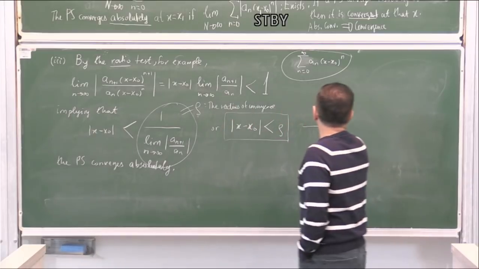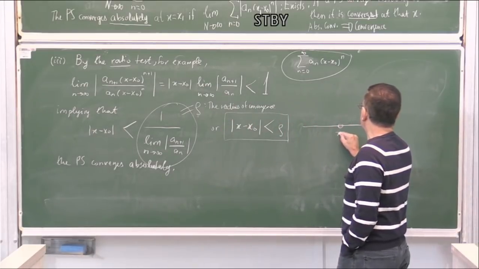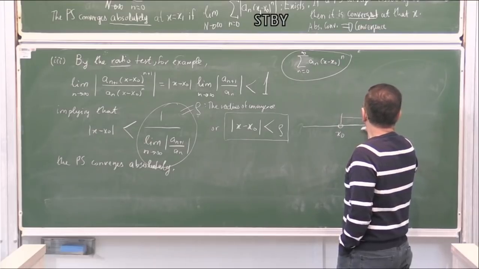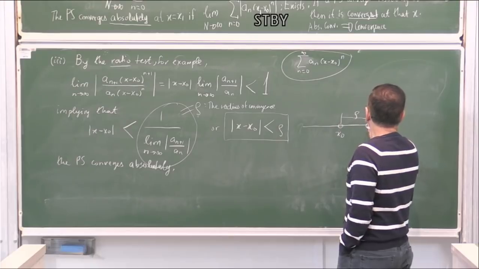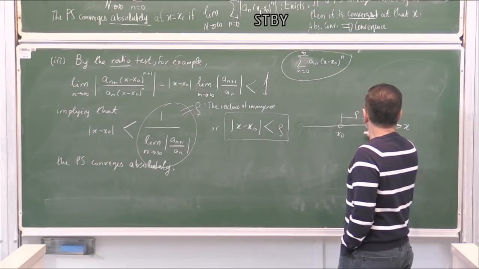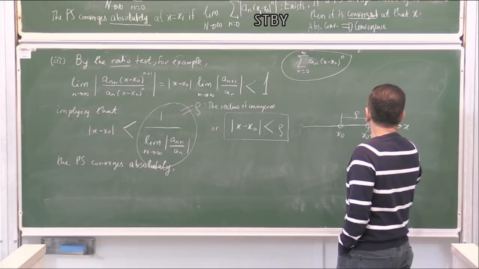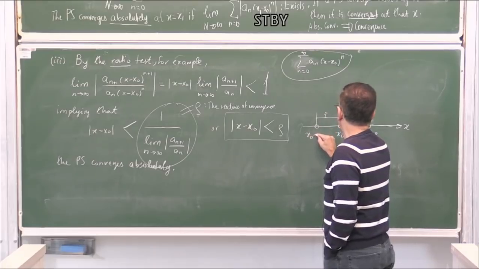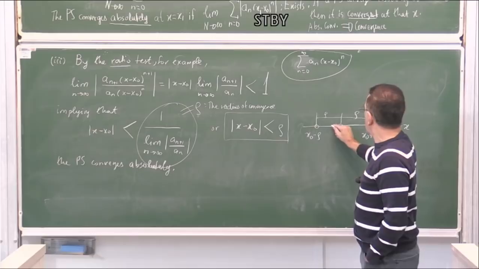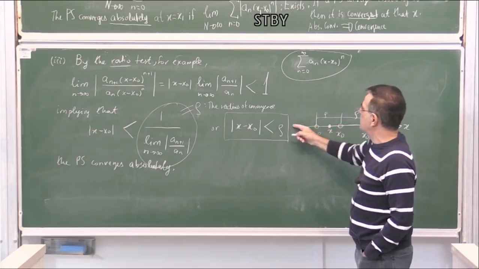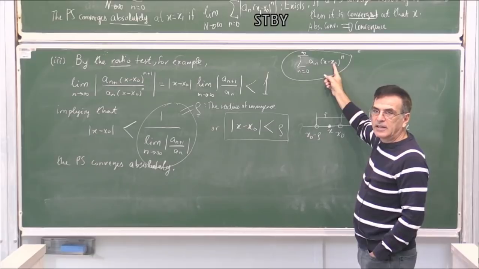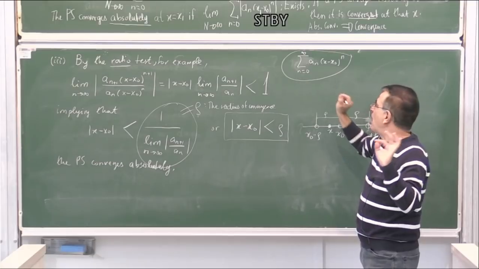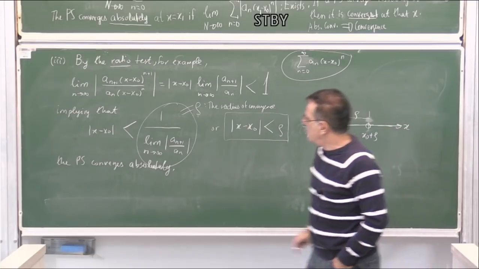As you see, in this interval, here is the center, and here is the calculated radius of convergence. So here is the x-axis, so we have x0 plus rho, and here is x0 minus rho. So for any x in this interval, our series makes sense. It is convergent to a number. It gives us a number. Good, it converges absolutely.